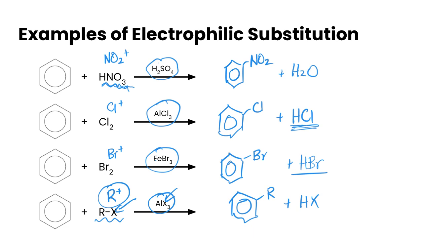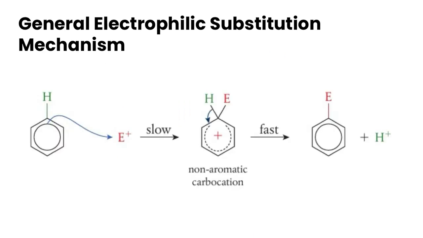So there's lots of variations of electrophilic substitution, but they all kind of follow the same method and the same type of reaction mechanism. So let's take a closer look at this reaction mechanism that happens here. Now, in general, what happens is we first get, similar to an electrophilic addition reaction, our delocalized pi electrons, which are acting like a nucleophile, right?